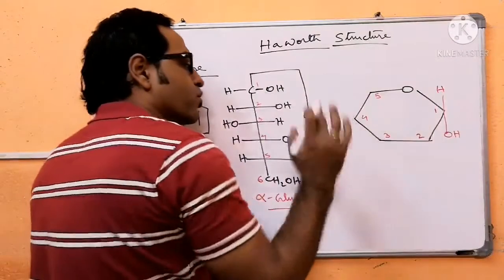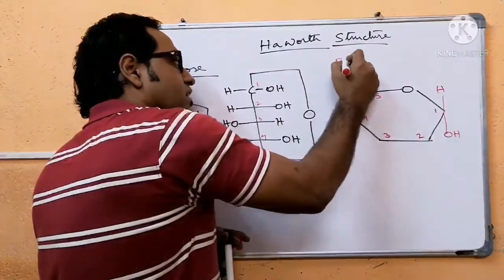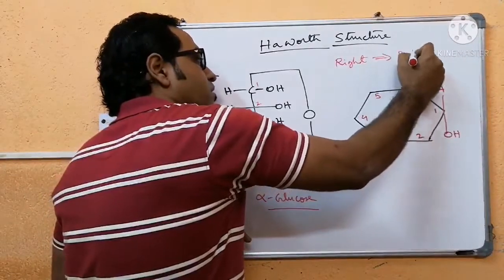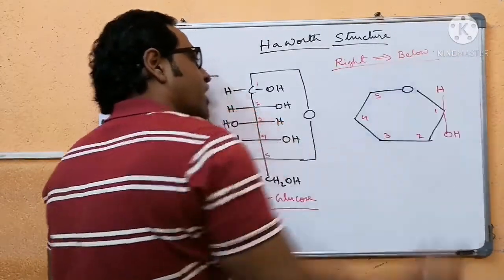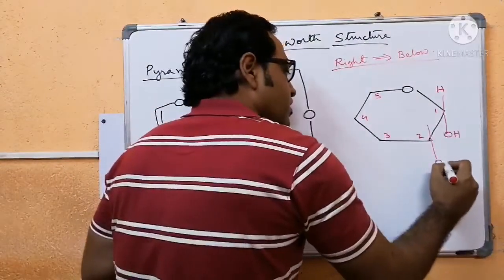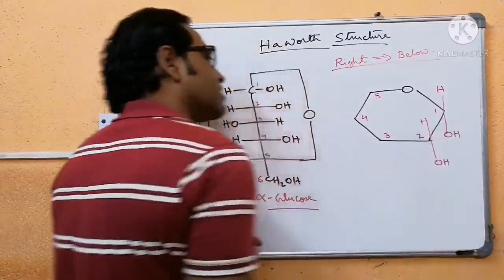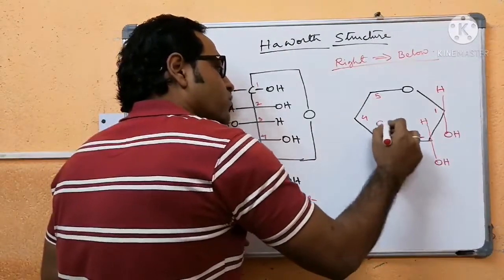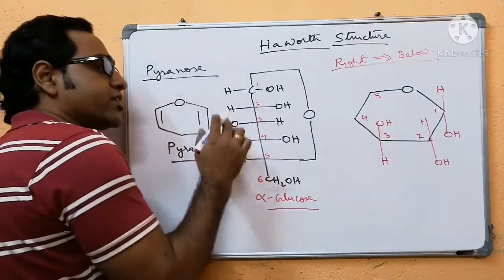So write below. This is the rule. The second one, OH, H. The third one, H, OH, because OH is on the left hand side.